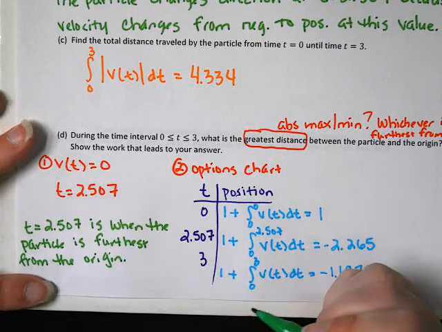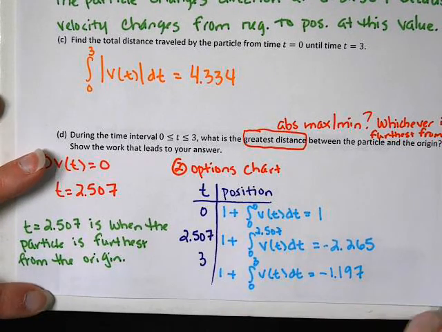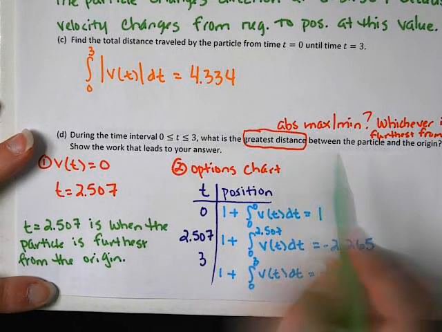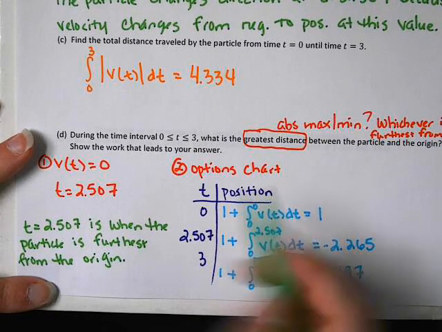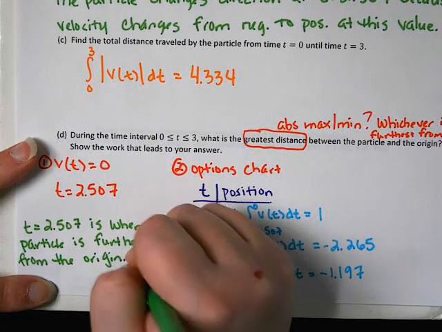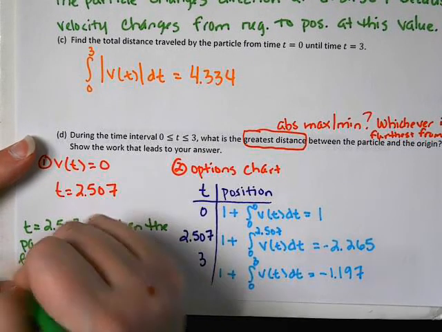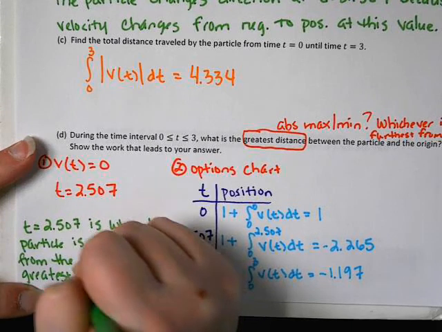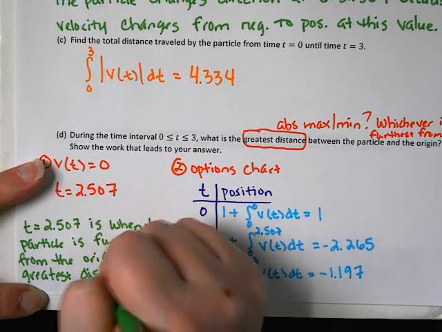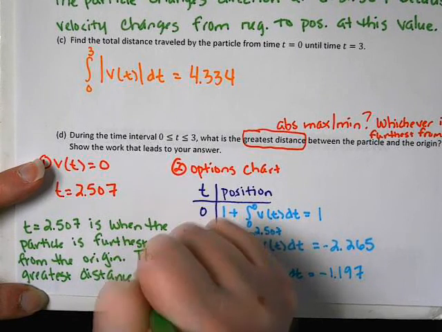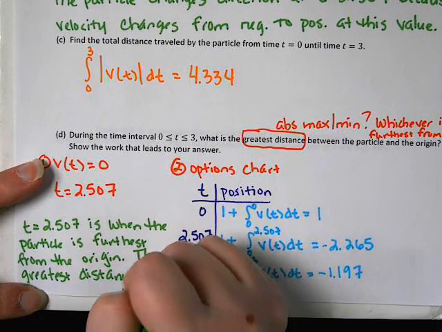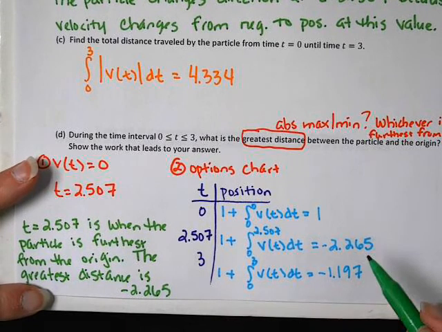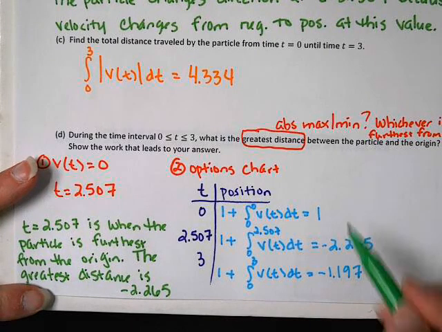The nice thing about the AP exam is that this options chart shows the work for you. That is your justification. The second part asks, what is the greatest distance? So the greatest distance is negative 2.265, because that's clearly the farthest from the origin when we look at those three values.